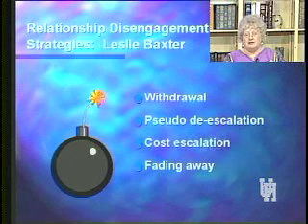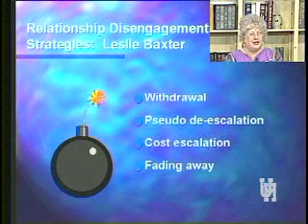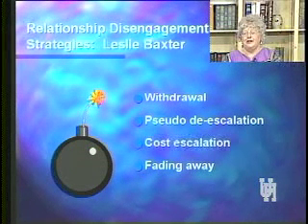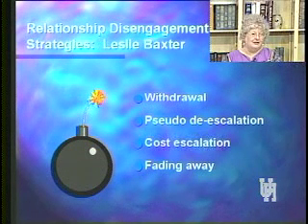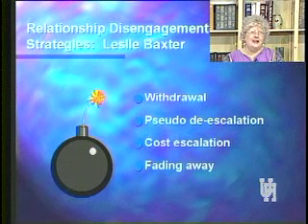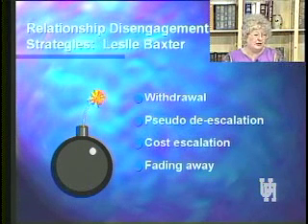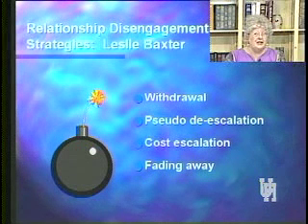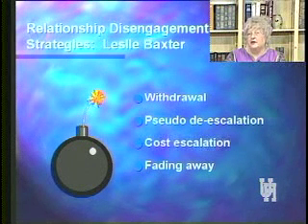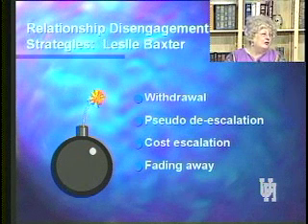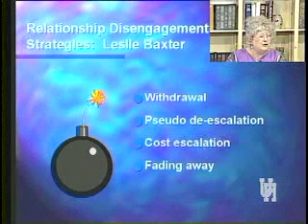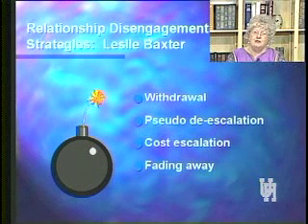So pseudo, you probably know, means false. De-escalation means slowing down. So this is where you frequently find couples who are dating saying things to each other like, I think we need to put a little space in our relationship. I think we've been seeing too much of each other lately, and in order to be sure that we really love each other and that we've made the right choice here, perhaps we ought to date some other people for a while, just to make sure that this is the right thing.